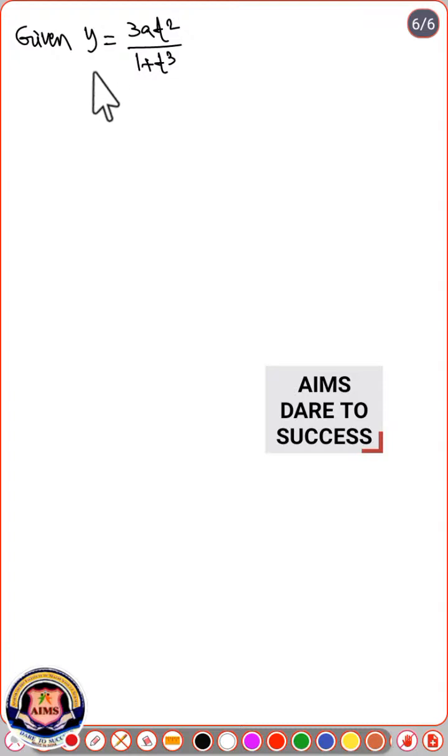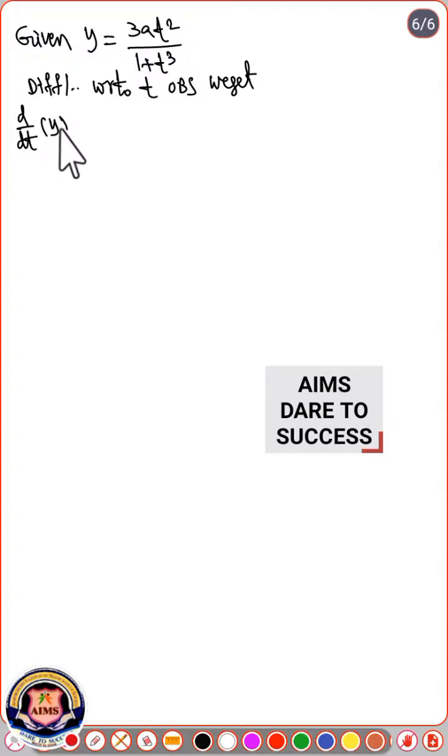So this is the given value. Right side value looks like t related, so differentiating with respect to t on both sides we get d by dt of y is equal to d by dt of 3at square divided by 1 plus t cube.